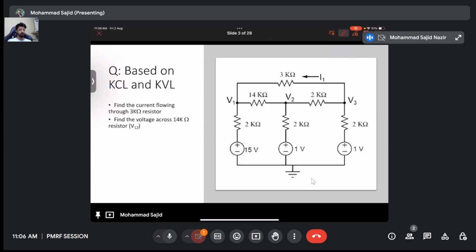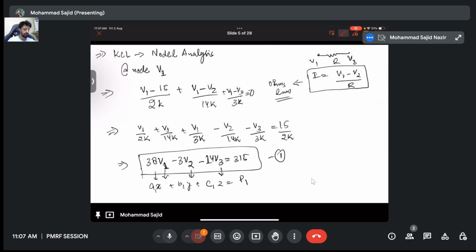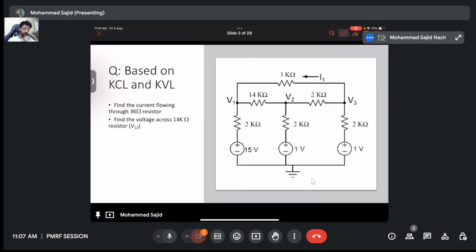Next, we went to solve this question based on two methods, KCL and KVL. We'll solve the equations. I will just directly go through them. If now I write a KCL at node V1, I have three current components, right?